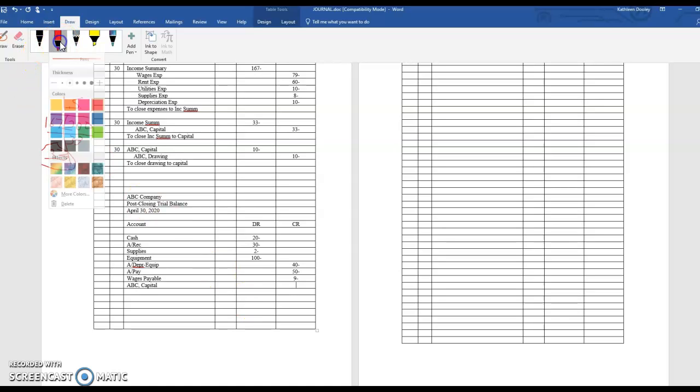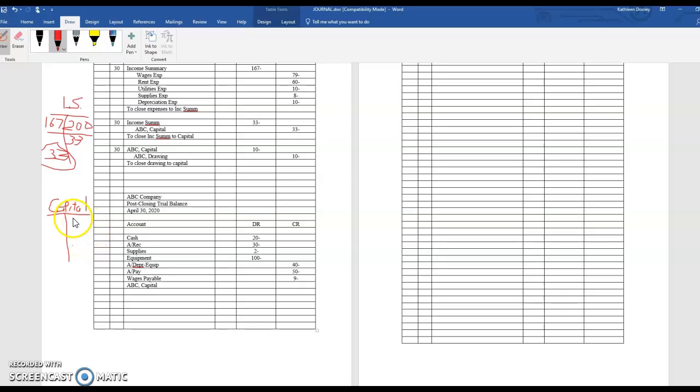So once again, we can draw a T account. Of course, you can also look in the general ledger, and that will tell you, because once you post all those closing entries, there's my capital T account.